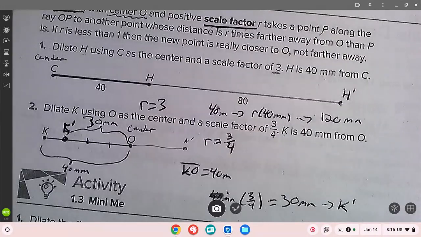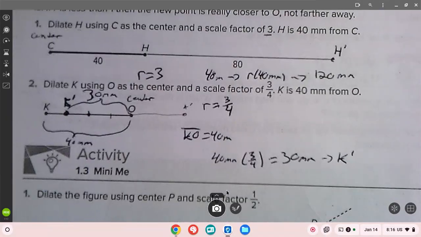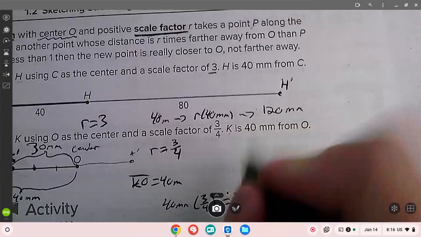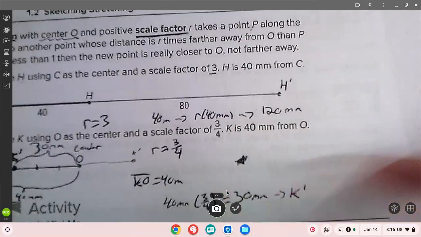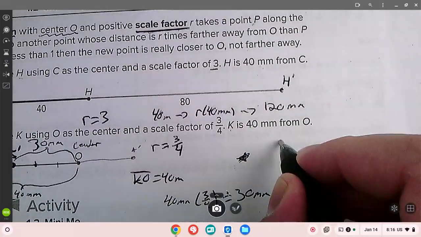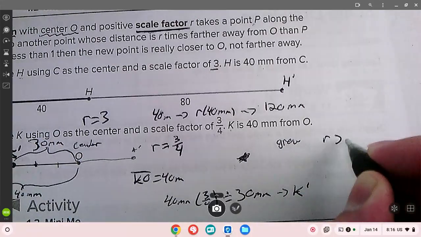Any questions on 1 or 2 about looking at that dilation and the scale factor? Okay, so here's a cool piece of notes that I'm going to add right here. I will ask that you put this on your paper. We grow or get bigger when our R is greater than 1.